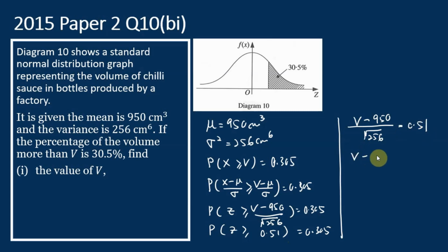Therefore, V minus 950 equals 0.51 times the square root of 256, and V equals 0.51 times the square root of 256 plus 950.